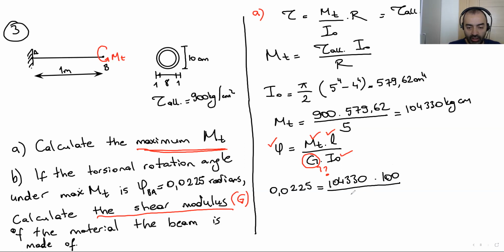And G is which we are looking for. I0 is where? It's here at the top. So if you make this calculation, you're gonna get a G of 800,000.